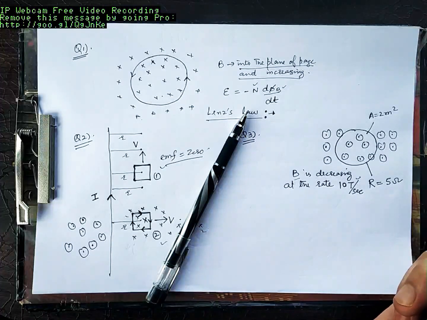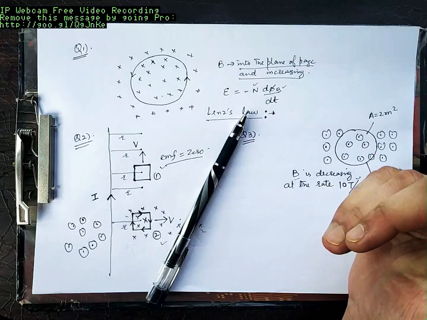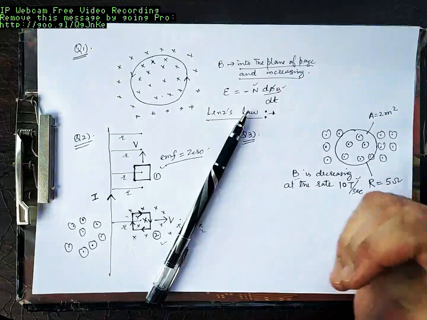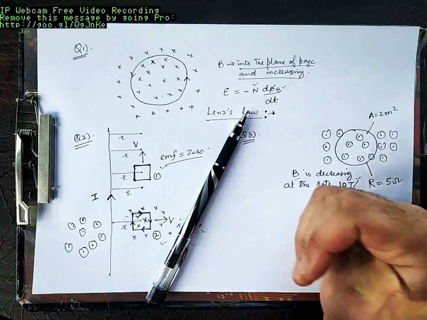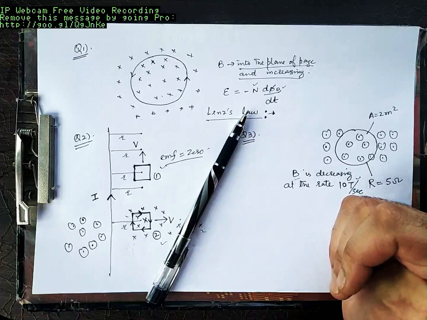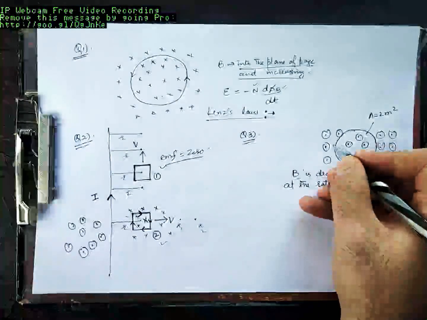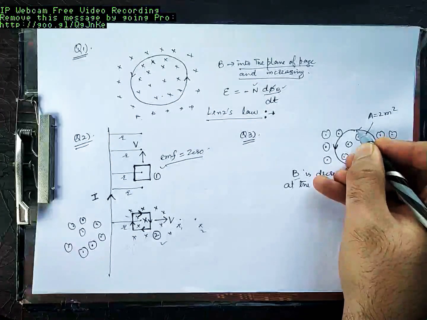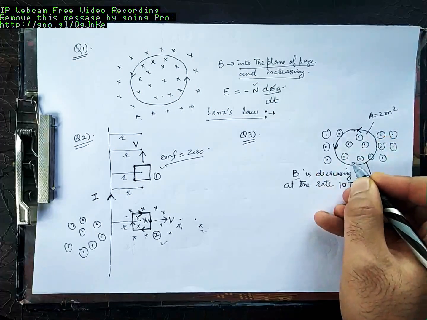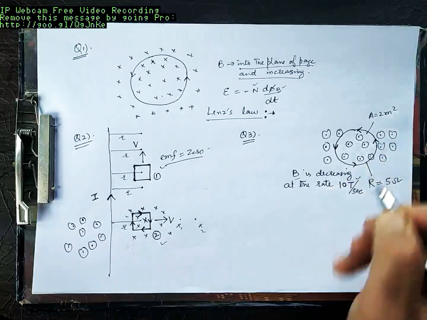My thumb is giving the direction of flux out of the plane of the page, and the curl of my fingers is giving the direction of current. So this is anti-clockwise. This is the direction of current.